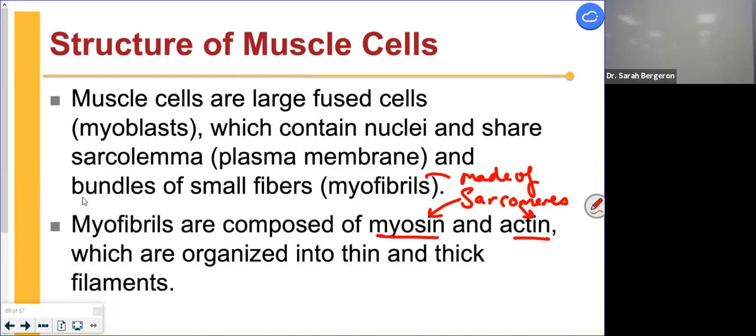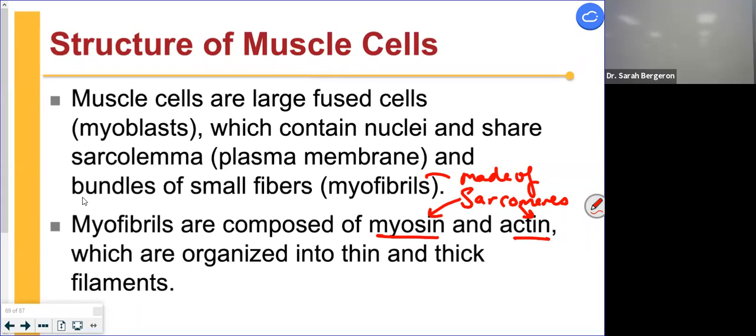There are many, many myofibrils running the length of the cell. And those myofibrils are composed of repeated lengths of sarcomeres: sarcomere, sarcomere, sarcomere. And those sarcomeres are made up of actin and myosin. Okay, so this is one muscle cell.